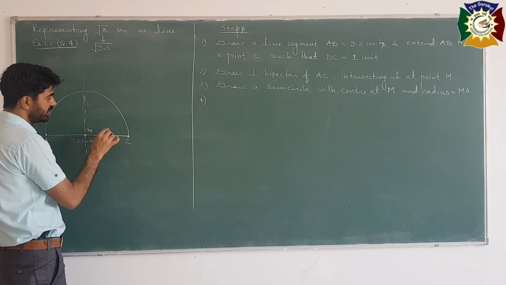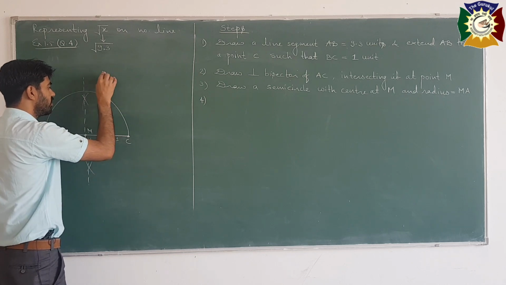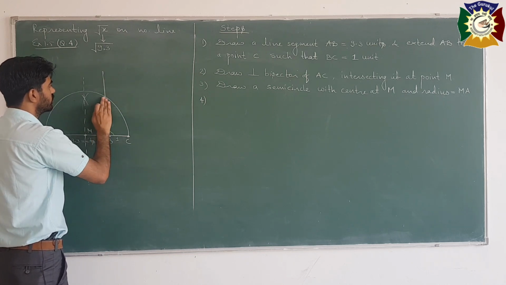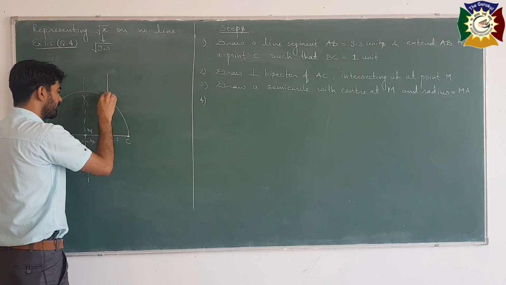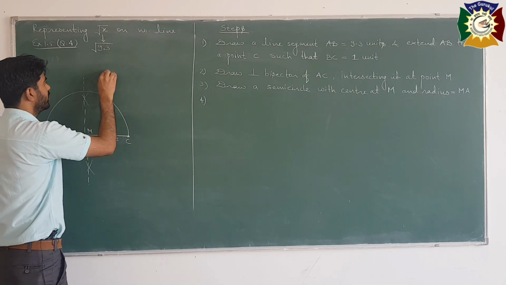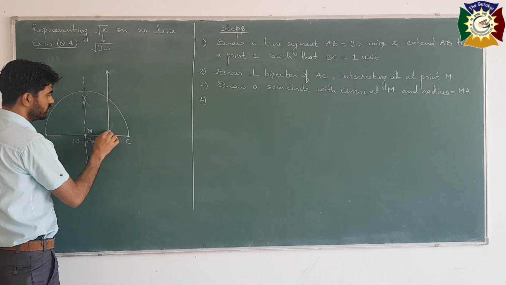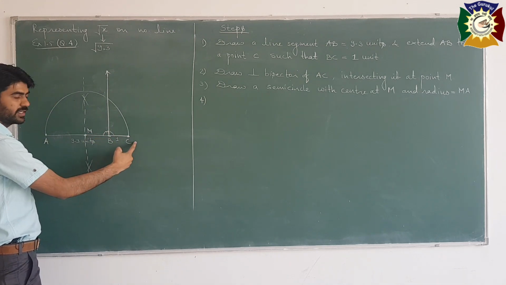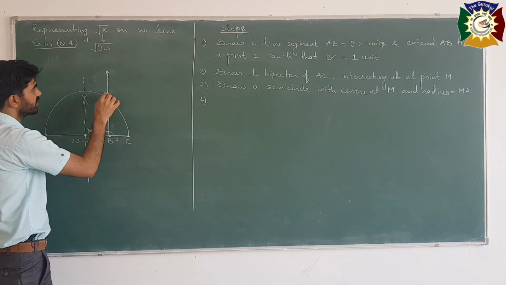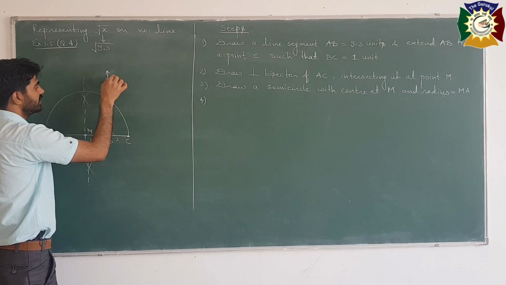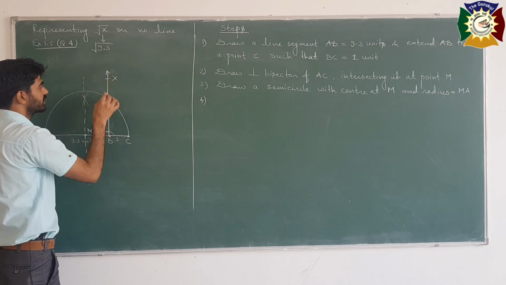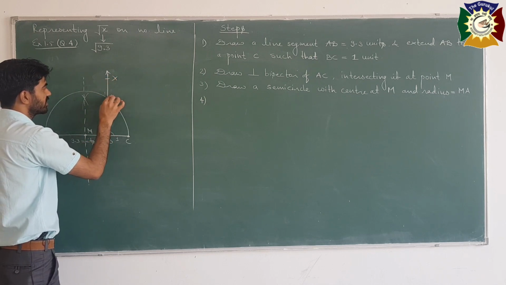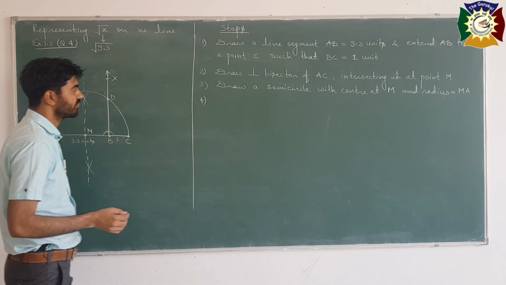Here we will make a 90-degree angle and we will draw a ray perpendicular to AC at this point. Let the name of this ray be BX and it is intersecting the semicircle at point D.